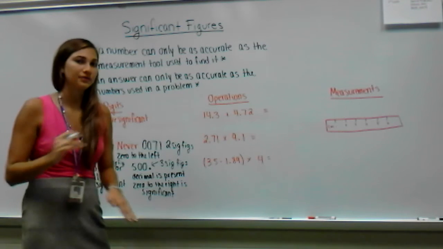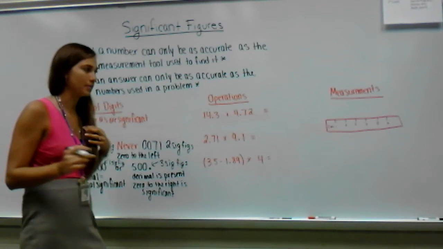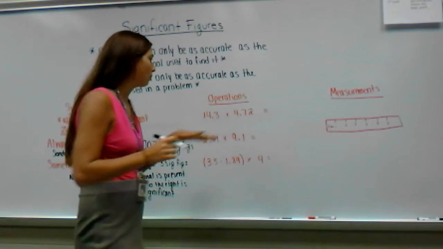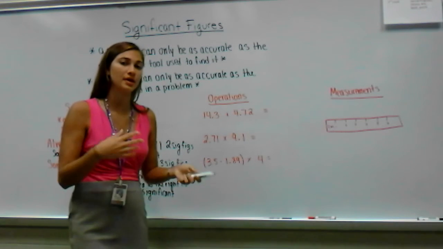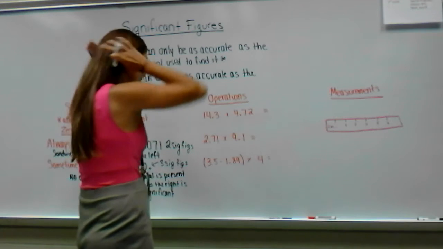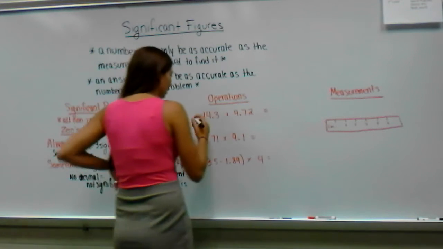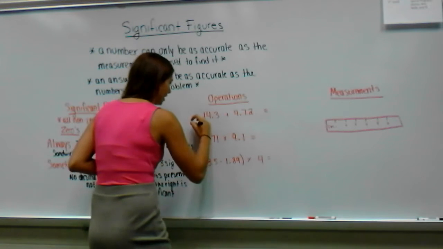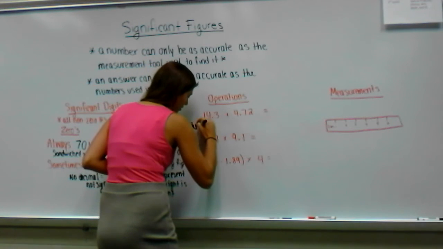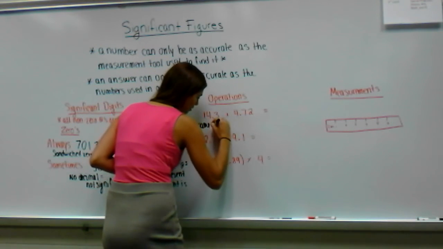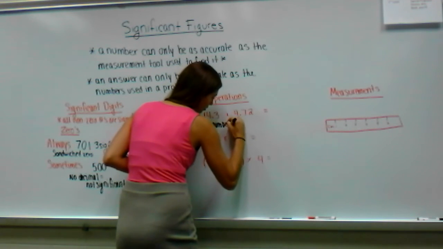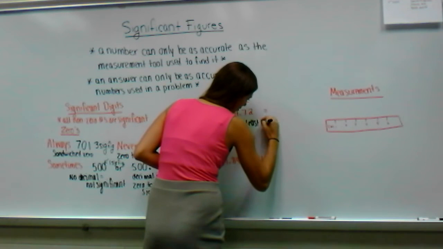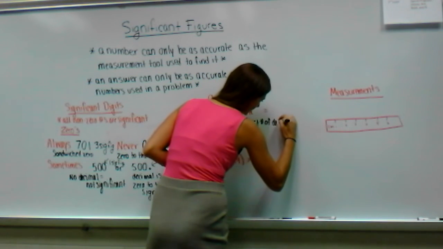Now we have to think about different operations if we're solving a problem. There are a few different rules that we have to learn about. One of them is for adding and subtracting, and the other one is for multiplication and division. When we are adding and subtracting, we will create an answer that has the same number as the least number of decimal places.